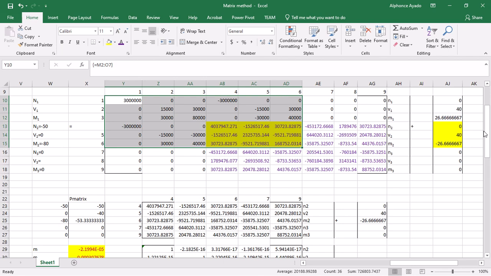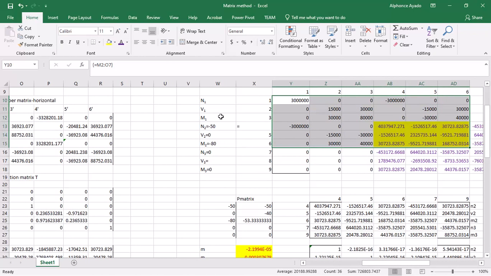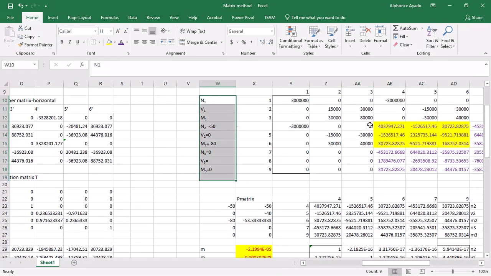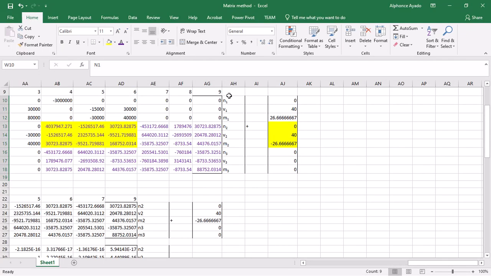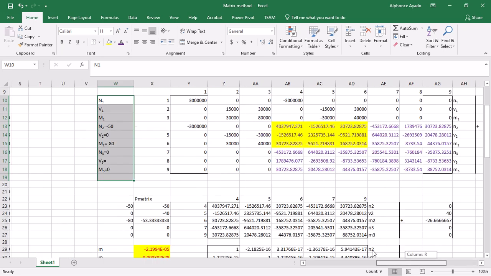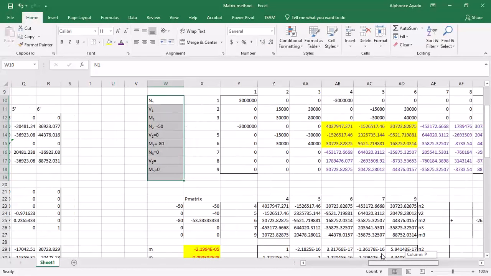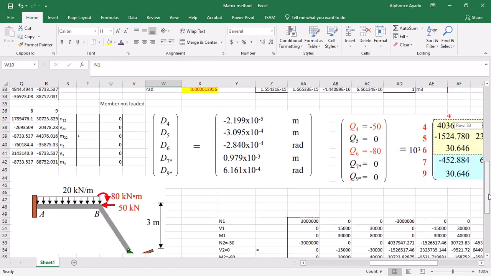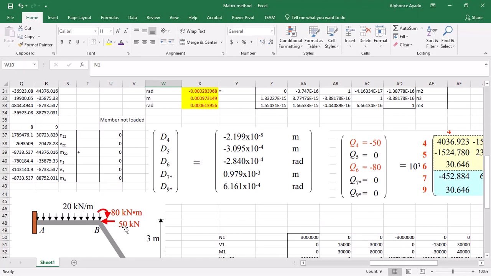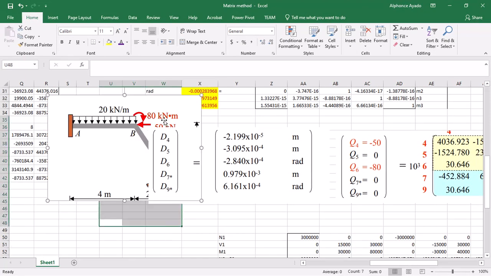So very simple. So you can arrange all the reactions you want. So this is the reactions, this is the K matrix, this is the deformation or displacement matrix, and this is the fixed end moment. So here, to help you solve, you need to apply the boundary conditions.